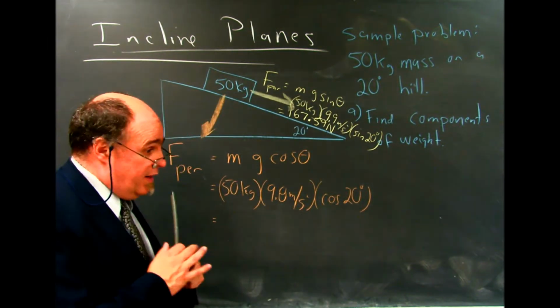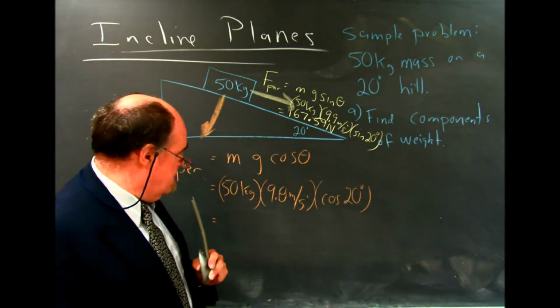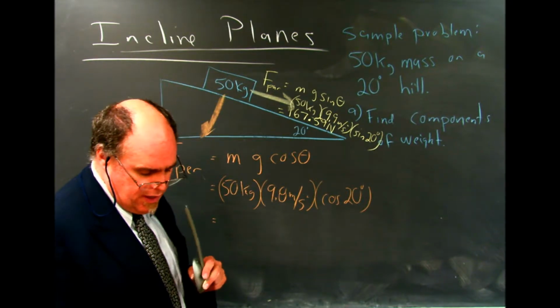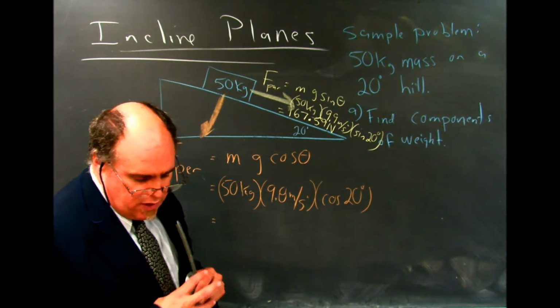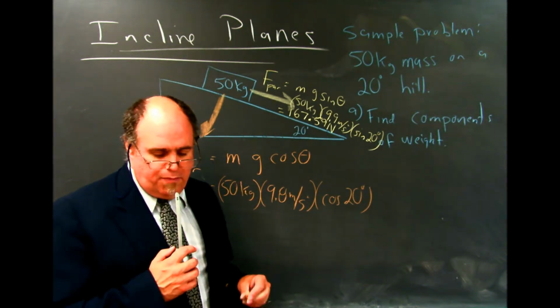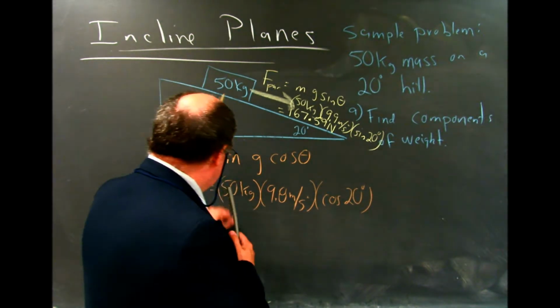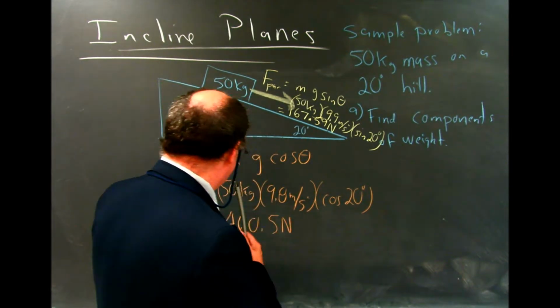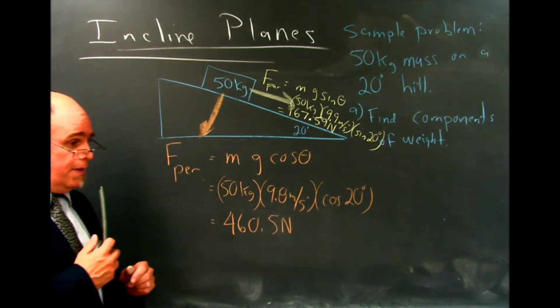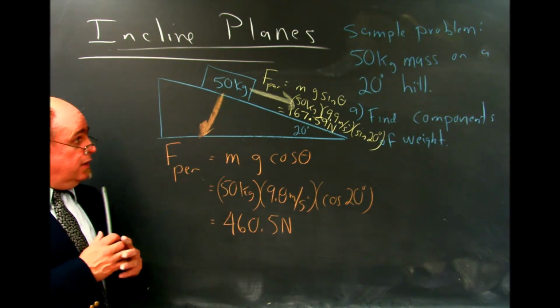So it's 50 times 9.8 times cosine 20 degrees. It comes out to be 460.5 newtons. Okay. So that's the force parallel to the hill.